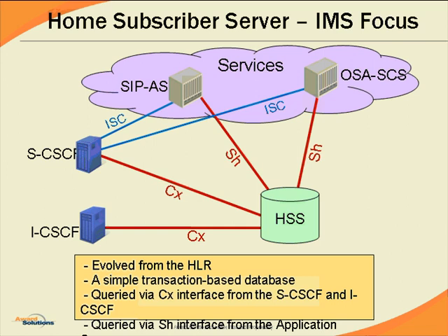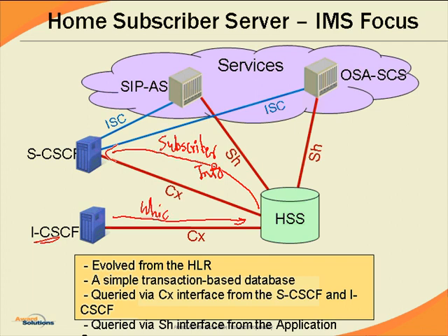Now, specific to IMS, HSS has additional responsibilities. For example, it can provide the subscription information to the serving CSCF. So we can do IMS authentication. We know what IMS capabilities the UE can use. Then the interrogating CSCF will ask the HSS which serving CSCF it should pick for that user.